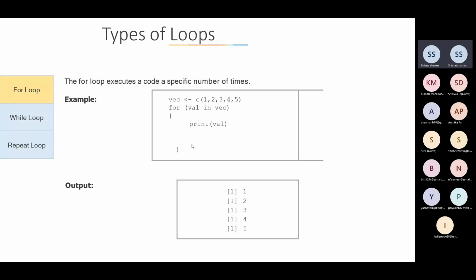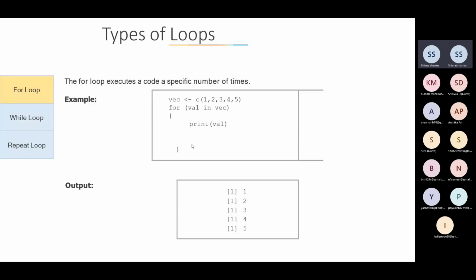What we mentioned here is a vector value. A vector is single row values, not two-dimensional values. Rows and columns both are not available in it. So we defined a vector VEC by left assignment. The values that we assign to the vector are 1 2 3 4 and 5.